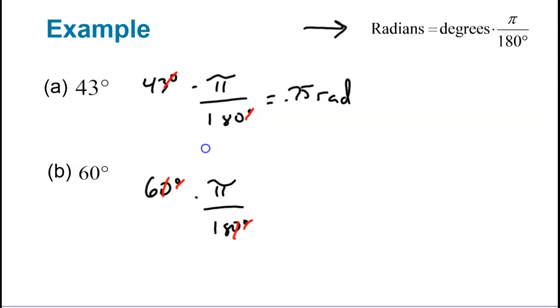And so I have 1 pi over 3, or I have pi over 3, which I can then also go ahead and calculate.